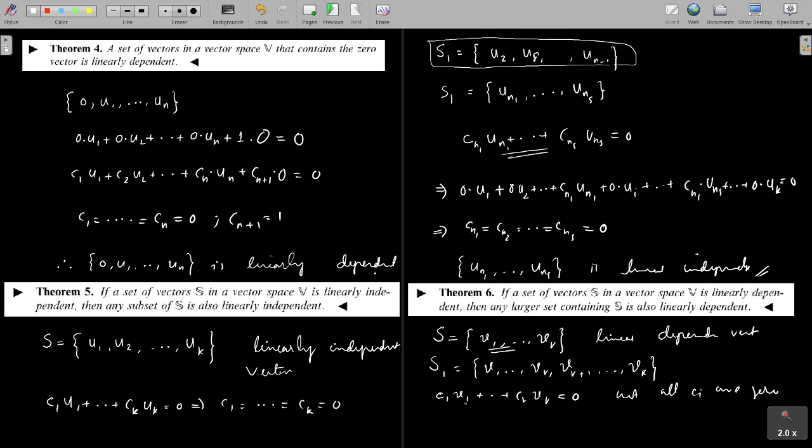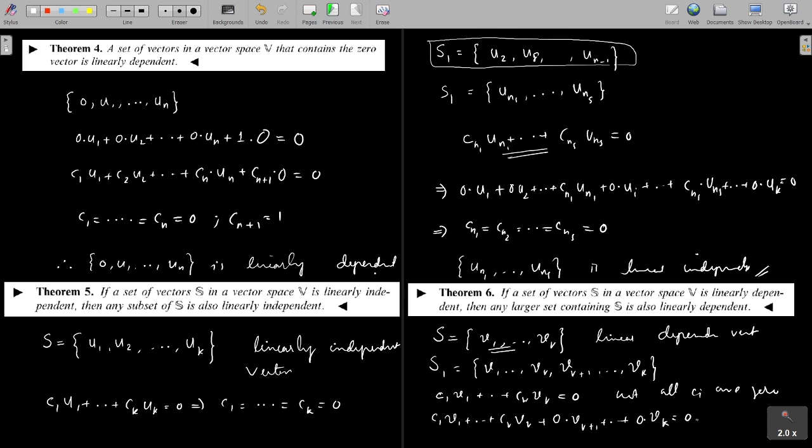That means some of these coefficients c1, c2, etc., cr are non-zero. Once you have this, you can easily construct a linear combination of these vectors, say c1 v1 plus etc. cr vr plus 0 times vr+1 plus etc. 0 times vk, which is also 0, because this part is 0 times this, 0 times this, etc.